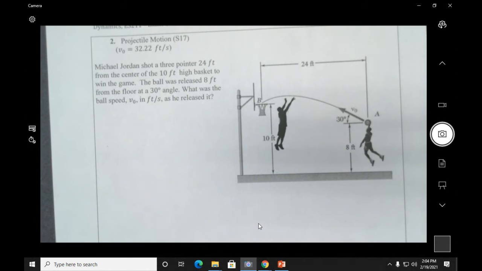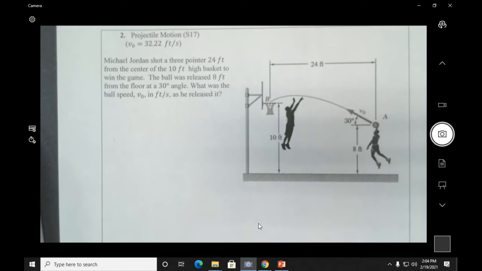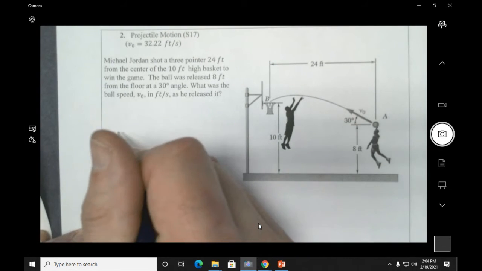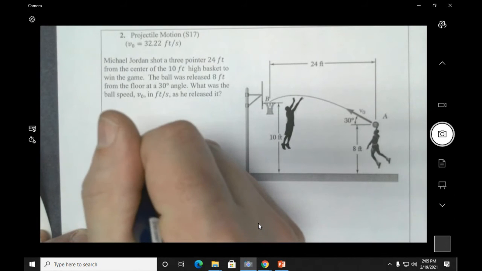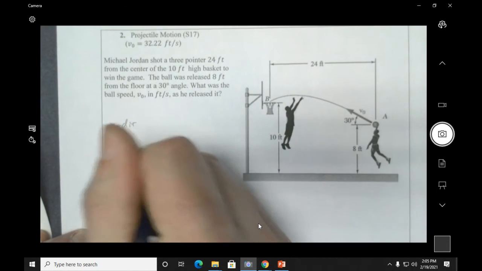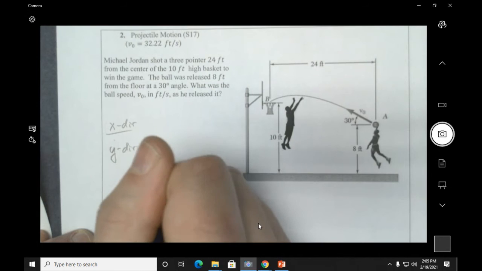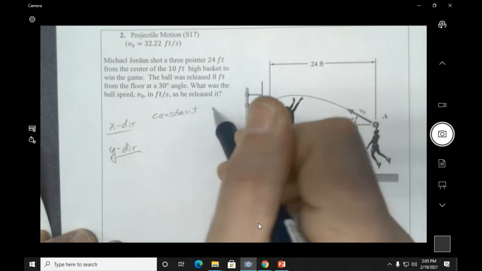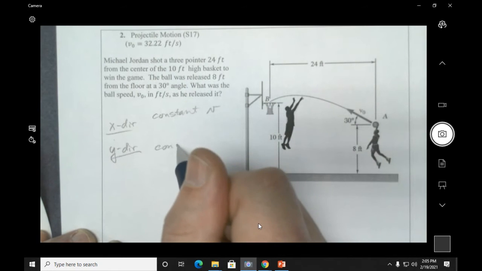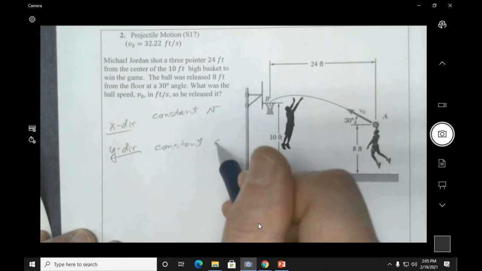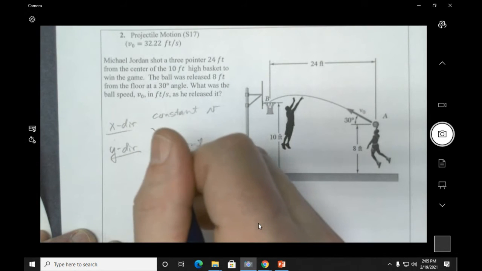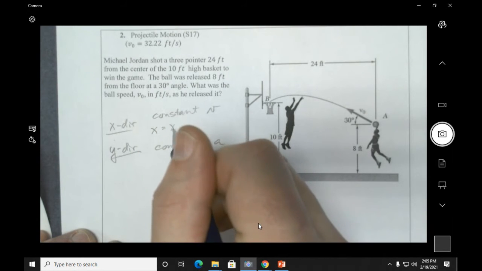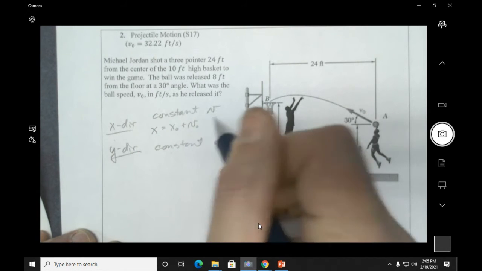Well, the number one thing you could go to when you have a projectile motion problem is to recognize that there is an x direction thing happening and a y direction. This is a constant velocity, and this is a constant acceleration. So in the x direction, we have this.